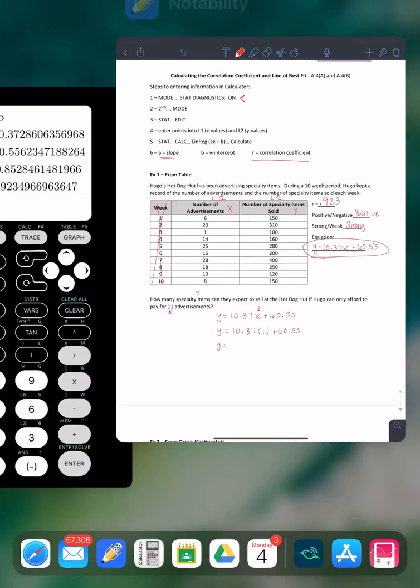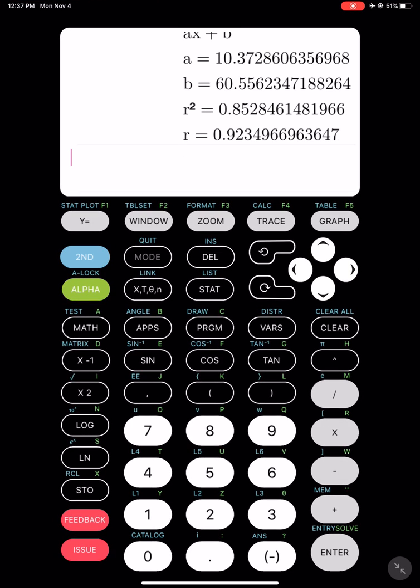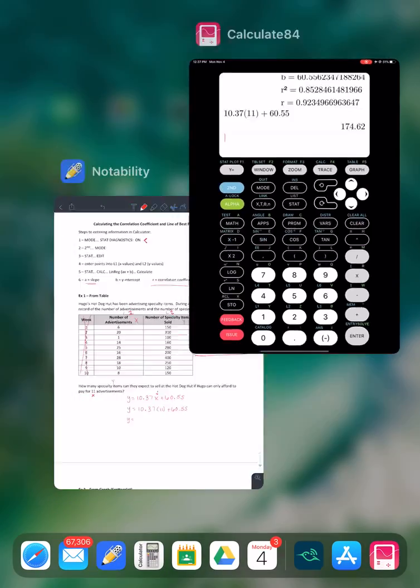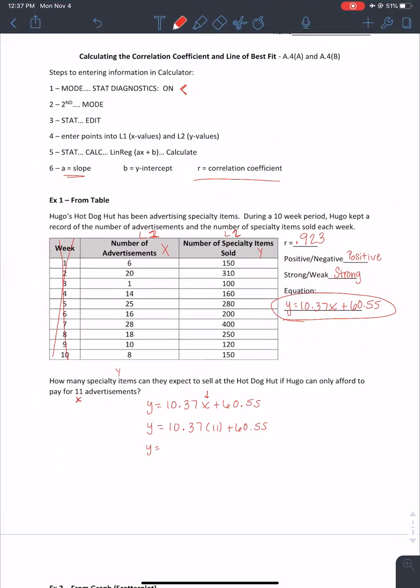So if we go back to the calculator, to the normal calculator screen, we have 10.37 times 11 plus 60.55. We get 174.62.